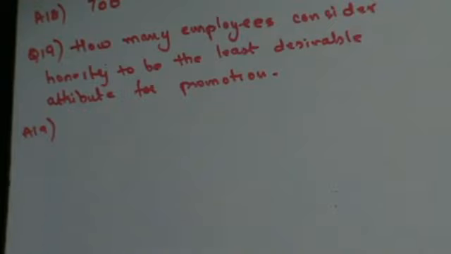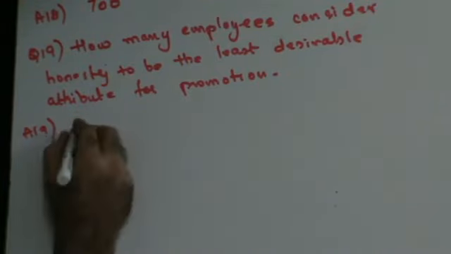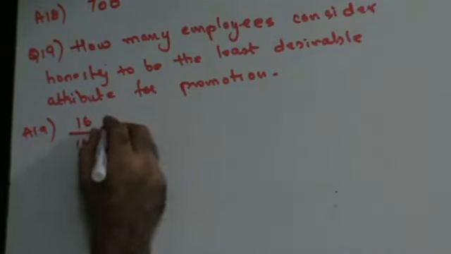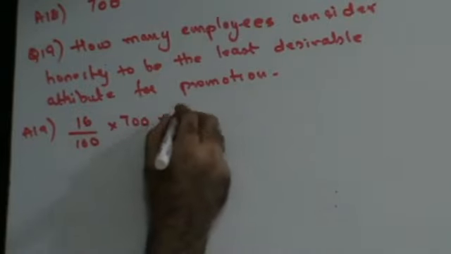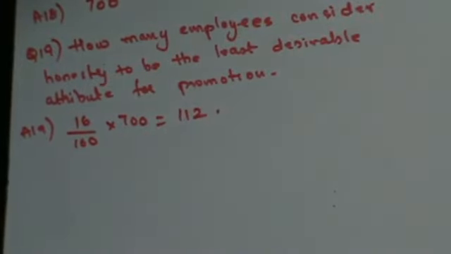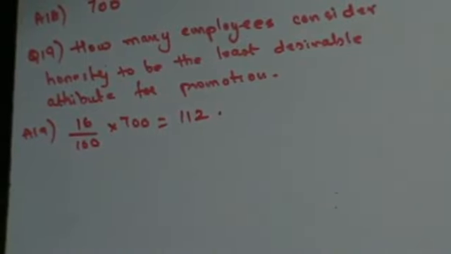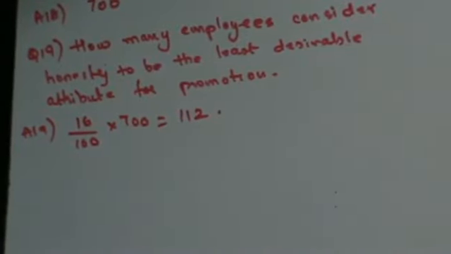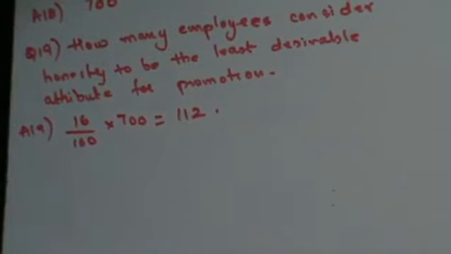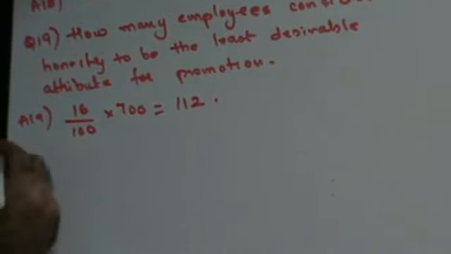Honesty, rank 6. How many of them have given honesty as rank 6? 16% of the employees, which will be 112. So 112 employees consider honesty to be the least desirable attribute for promotion. Let's see question number 20 to 24.